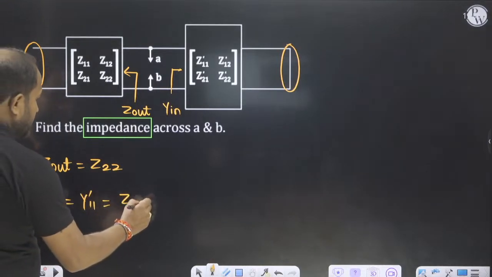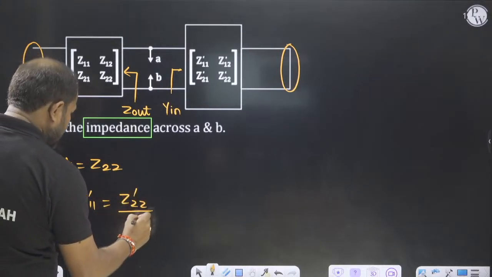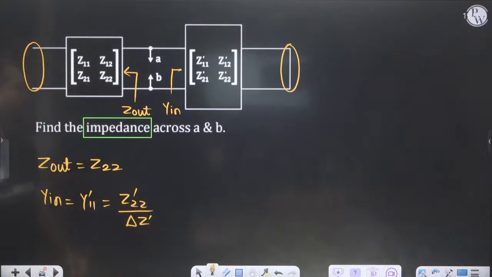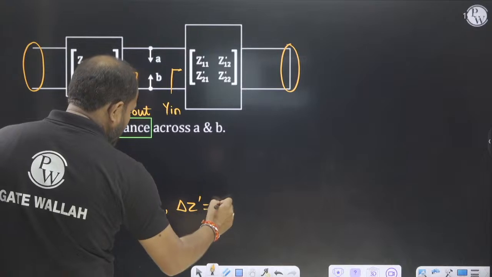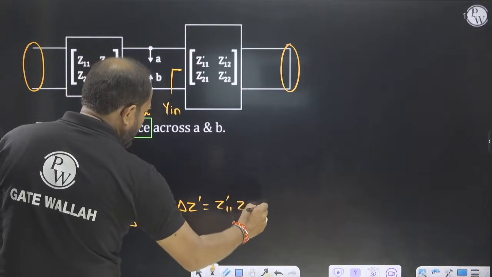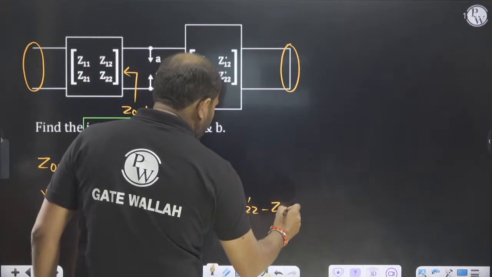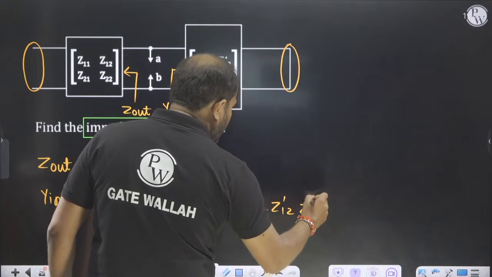Y11 dash is Z22 dash upon delta Z dash. Delta Z dash is equal to Z11 dash Z22 dash minus Z12 dash Z21 dash. Yes sir.